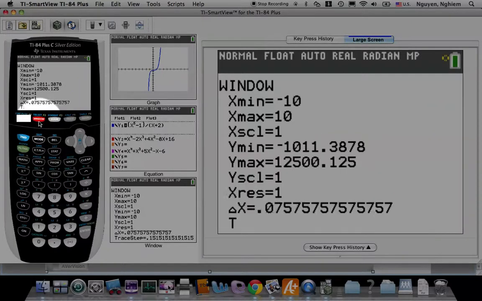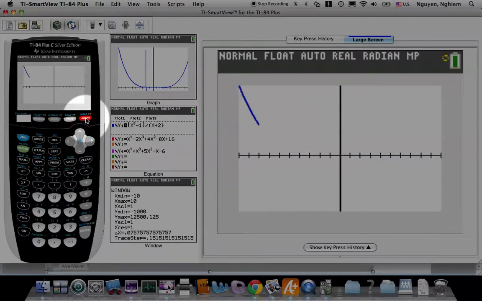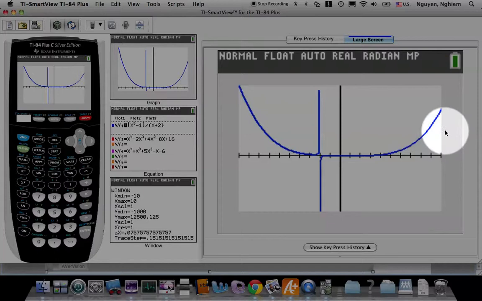And I'm going to go, instead of negative, and so you can see that as we approach -2 from the right, so from the right going left, the graph is going down towards negative infinity. And as we approach it from the left, it's going to positive infinity.